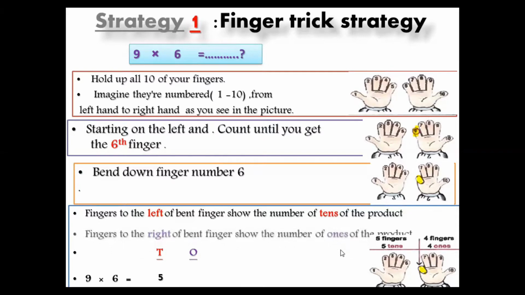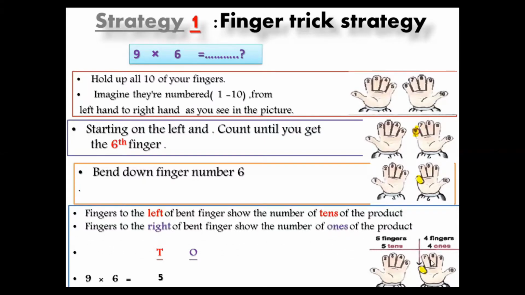Fingers to the right of the bent finger show the number of ones of the product. So we write number 4 in the ones of the product. So 9 by 6 equals 54.